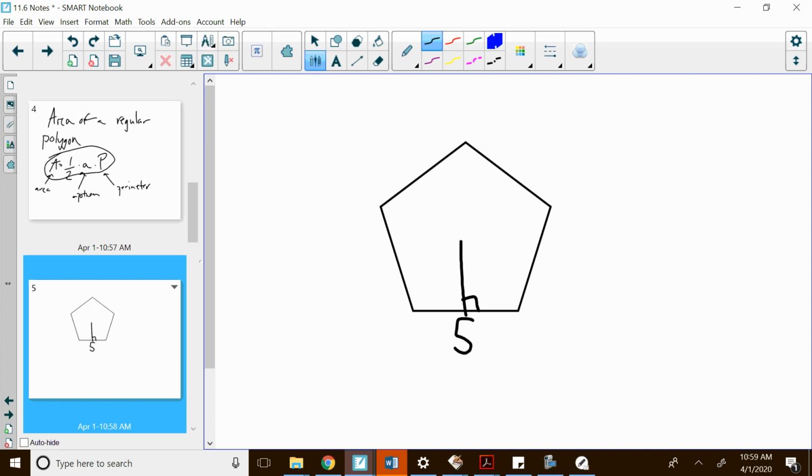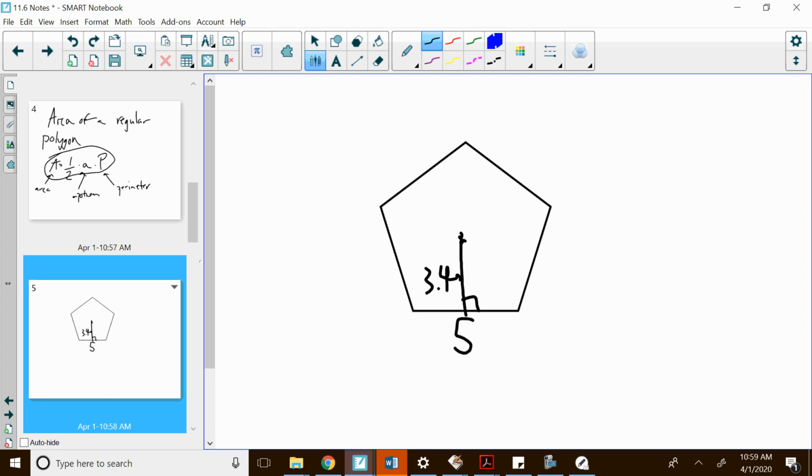So let me do something real quick. Okay, 36. So the apothem in this case would have to be 3.4-ish.